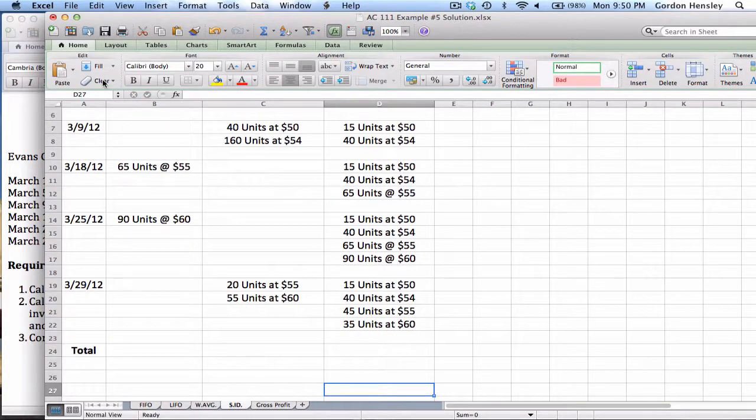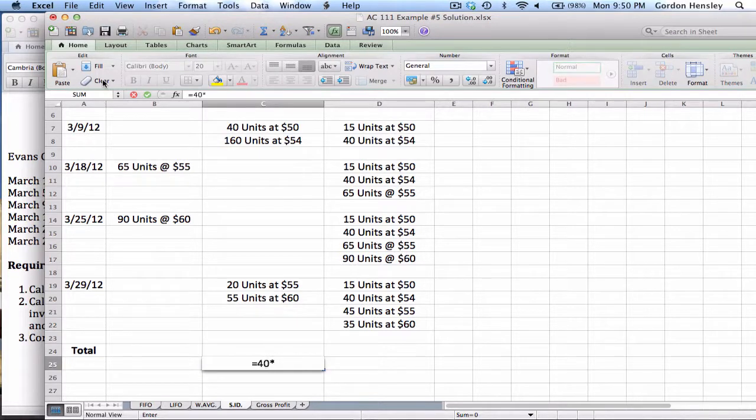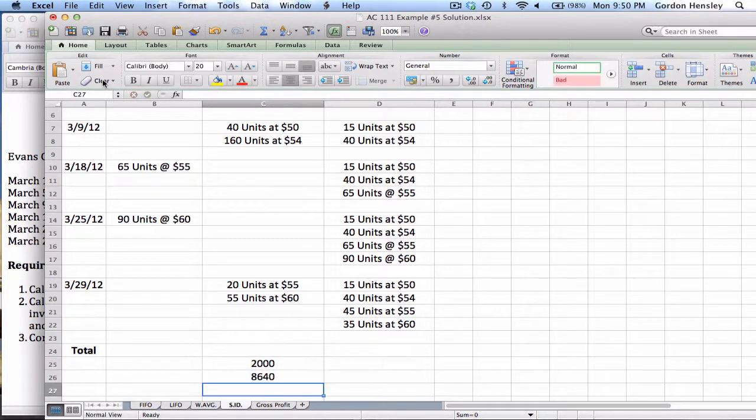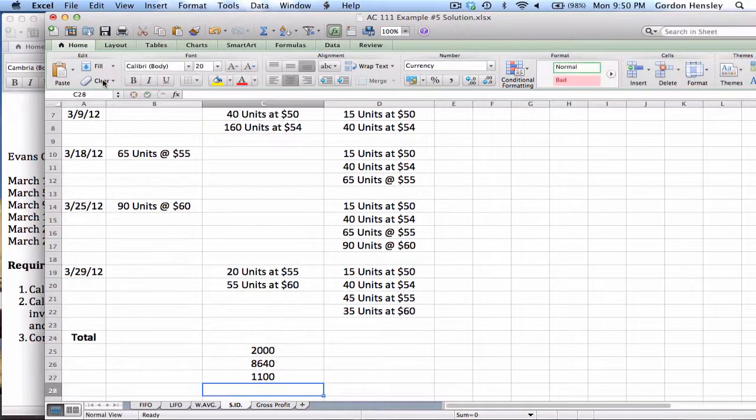So now, as before, I'm ready to figure out my total cost of goods sold. So I've got 40 units at 50. I've got 160 units at 54. I've got 20 units at 55. I've got 55 units at 60.